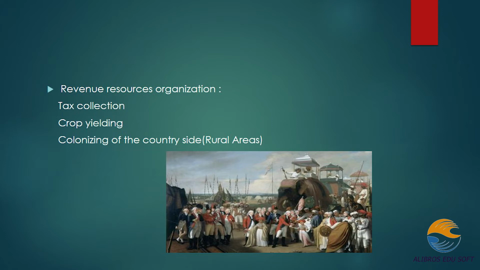That is, different methodologies the East India Company had to introduce for improving the crops, growth, yielding, etc. So they introduced different methodologies, different machineries, and also different crops during the period. Next is colonizing the countryside. Countryside means rural areas. So these were the major things the British had to do over that period when the East India Company became Diwan of Bengal.